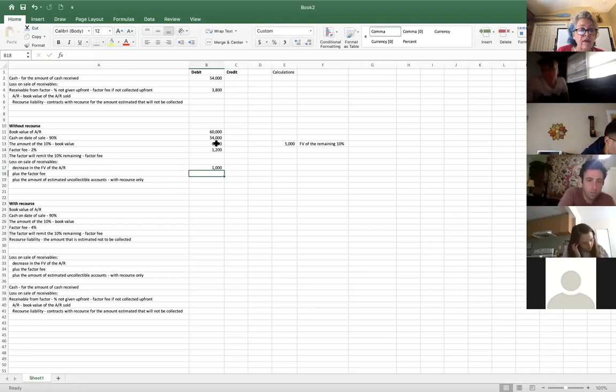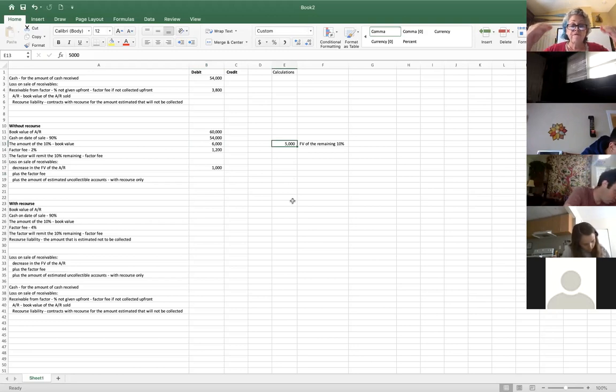Because the book value of my remaining 10% was 6,000 and the fair value is 5,000. So that means that the fair value of the assets that I sold was 59,000.